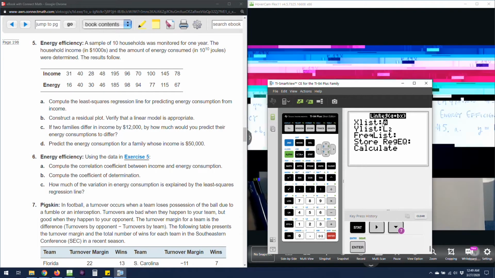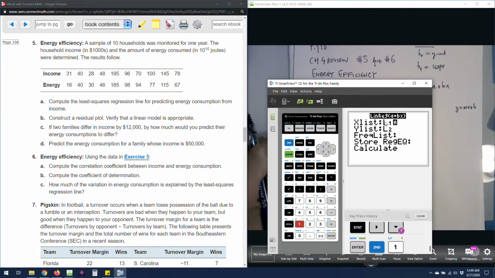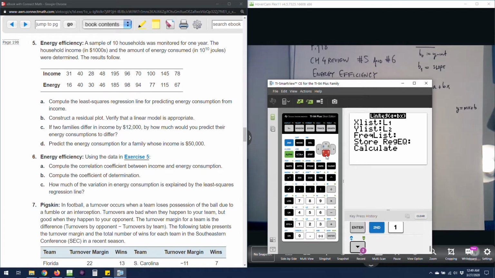So this will be second L1, because that's where my income went, and L2 is the Y. Once you have your X and your Y, we ignore frequency and the stored regression equation, and we go to calculate.